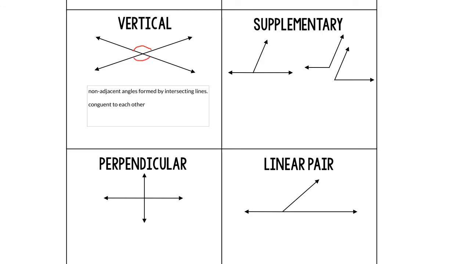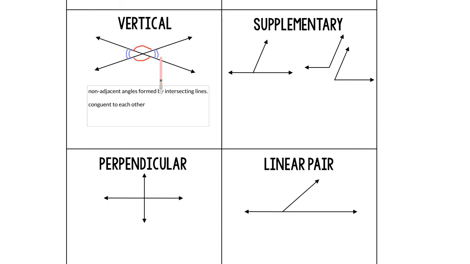This little arc that I made here with my little orange pen is just one arc, and this one's just one arc. That's a symbol that these two angles are equivalent or congruent. We could look at this angle and this angle.